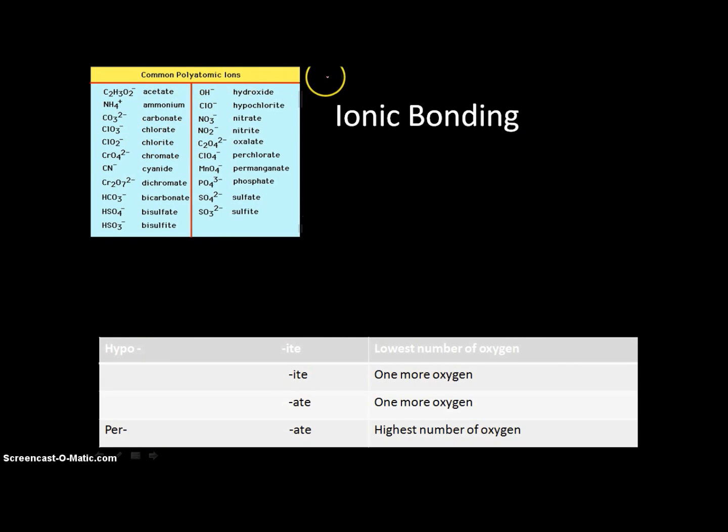So poly meaning many, atoms, atomic. And then ions literally means charge. So many atoms with a charge, and that is what a polyatomic ion is. Okay, and these are something that you're just going to have to memorize. Okay, and this is the quiz that we're going to be having on Thursday of this week.